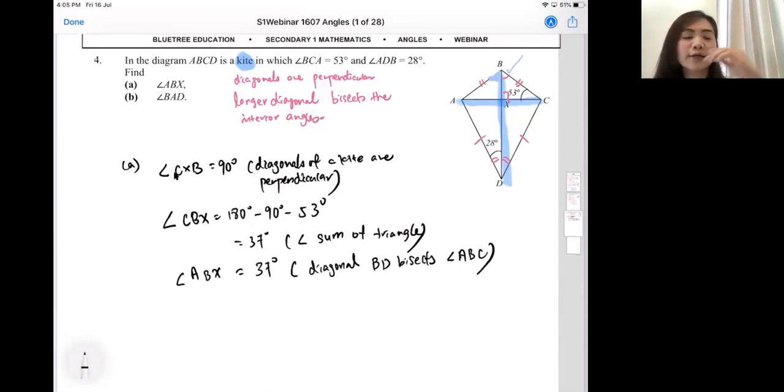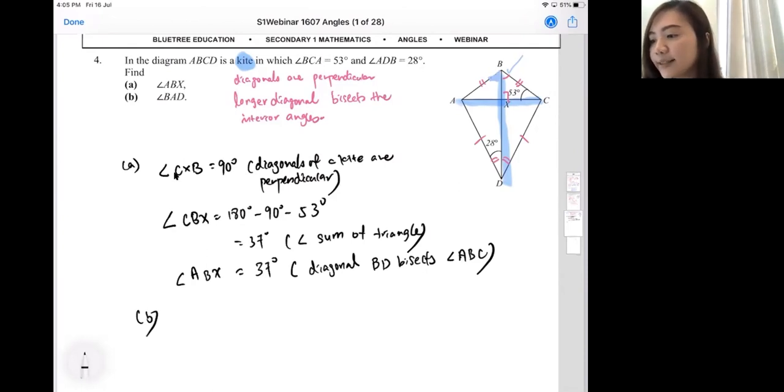So we have to state very clearly all the related concepts. We cannot miss out a single reason. So long as you have touched that concept, you have to state it. And we cannot combine concepts together. That means you cannot, in one step, write multiple reasons at the side. They have to be separated.